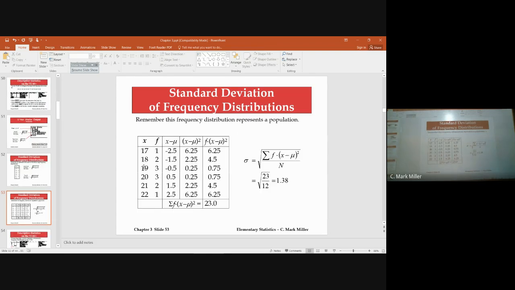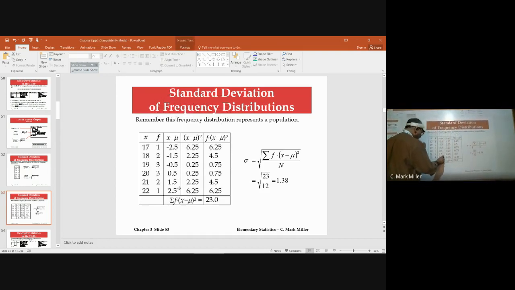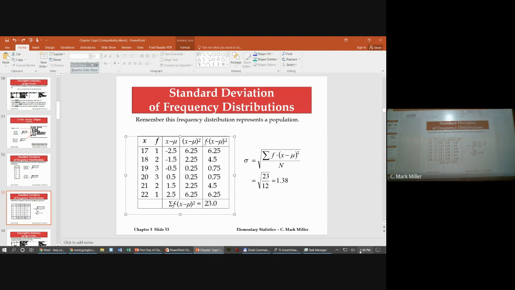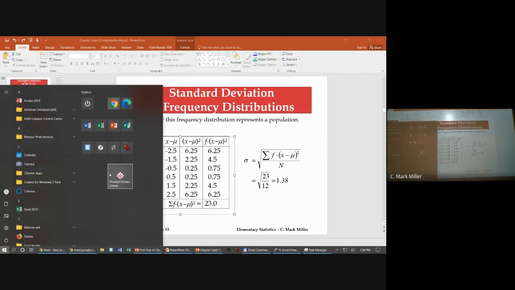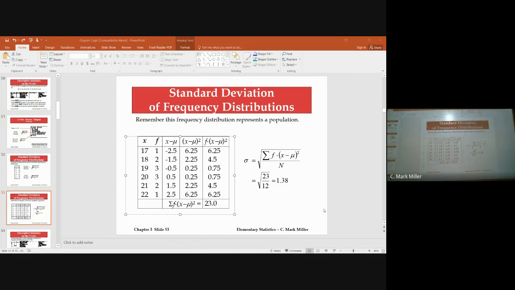If we did this by hand, which we're not going to crank through, there's actually fewer calculations here. Because you calculate every deviation only once. Here, I want to mark on the screen. You calculate every deviation only once. All right?